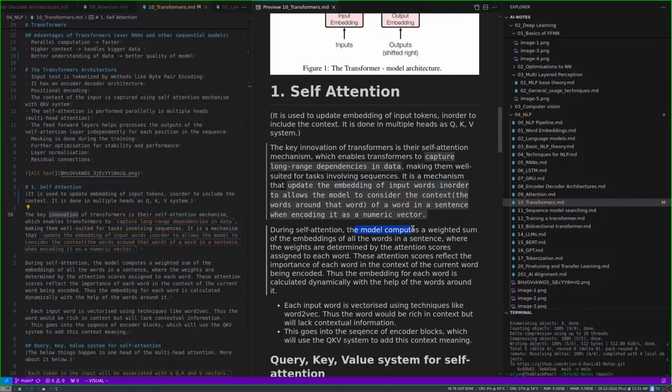During self-attention, the model computes a weighted sum of the embeddings, where the weights are determined by the attention scores. These attention scores reflect the importance of each word in the context of the current word being encoded. Thus, the embedding for each word is calculated dynamically with the help of the words around it. Okay.